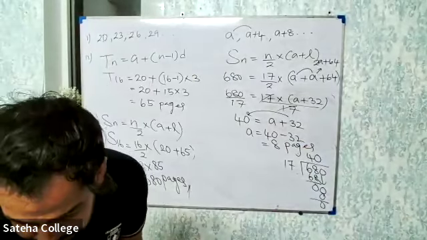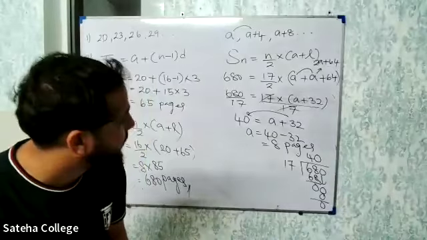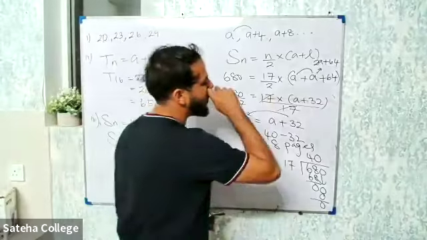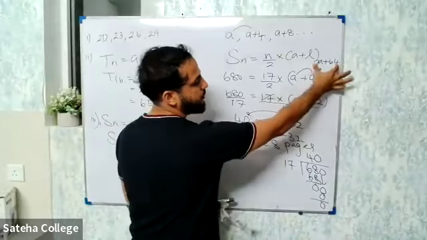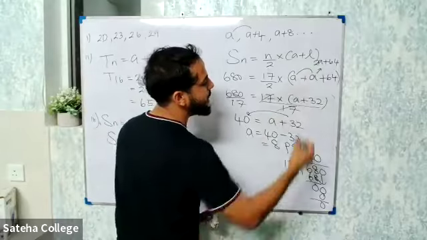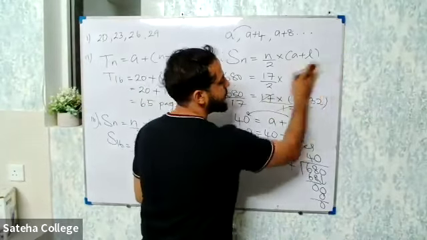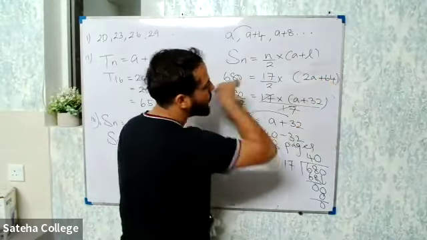Yes, Ashwa? Isn't it 2A? No, Ashwa, see here. What did I do? A plus A is 2A, plus 64. Now I have here 2A plus 64. Then what did I do?